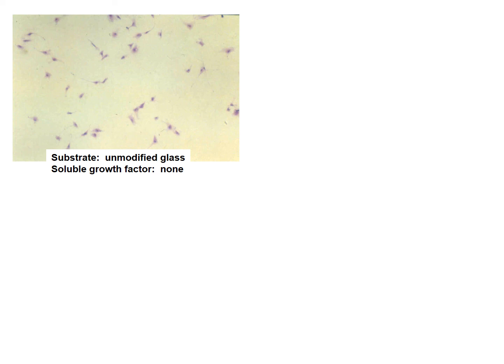You can see the cells stained with the crystal violet stain. You can see several cells which have adhered on the surface of the substrate. What you should keep in mind, however, is the following. A lot of the substrate surface is bare. It doesn't have any cells covering it.